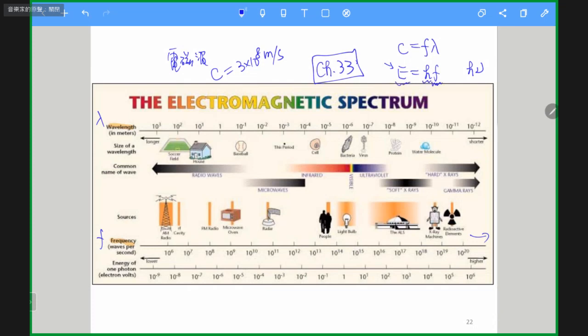So on this axis f is large, and you can see the gamma ray has the highest energy of a photon.